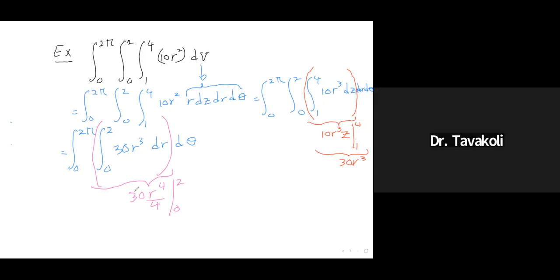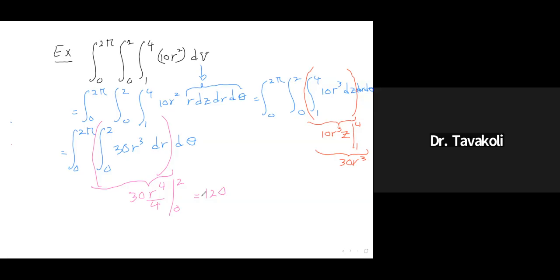When r is 2, 30 times 2 to the 4 over 4. 2 to the 4 is 16, over 4 is 4. So 30 times that is 120. At 0, it's just 0. So the value of this integral is 120.